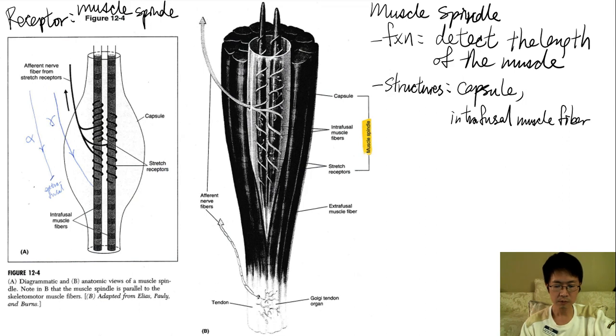Intrafusal muscle fiber, and then you have the, okay, this is a Greek letter, gamma, gamma motor neuron.